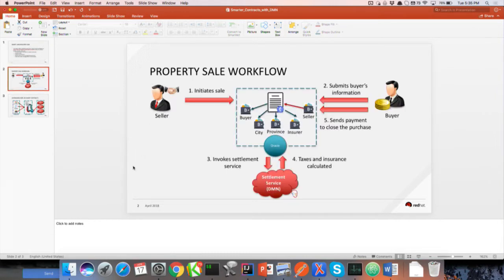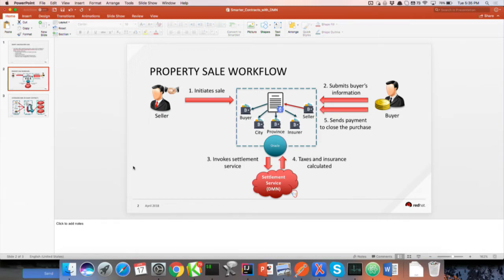So what I will show today is one transaction, that is the sale of a property, where the seller initiates the transaction saying, I agree to sell this property to this buyer by that amount of money. The buyer submits his information to the contract.